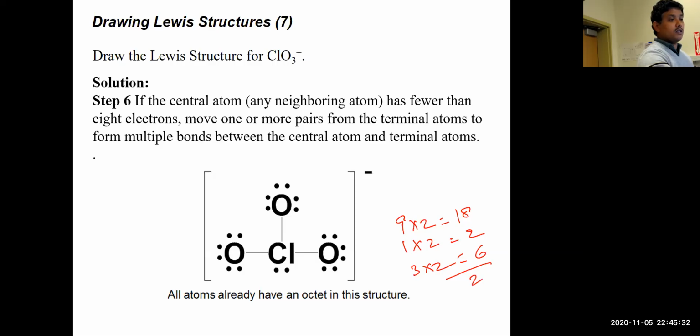So there are 26 electrons. You started with 26, you got 26. I put the negative charge here because it is the overall charge. I'm going to talk in section 6.4 about how to calculate that charge. For now, just focus on how to draw Lewis structures. Section 6.4 is where we calculate the formal charges. All right.